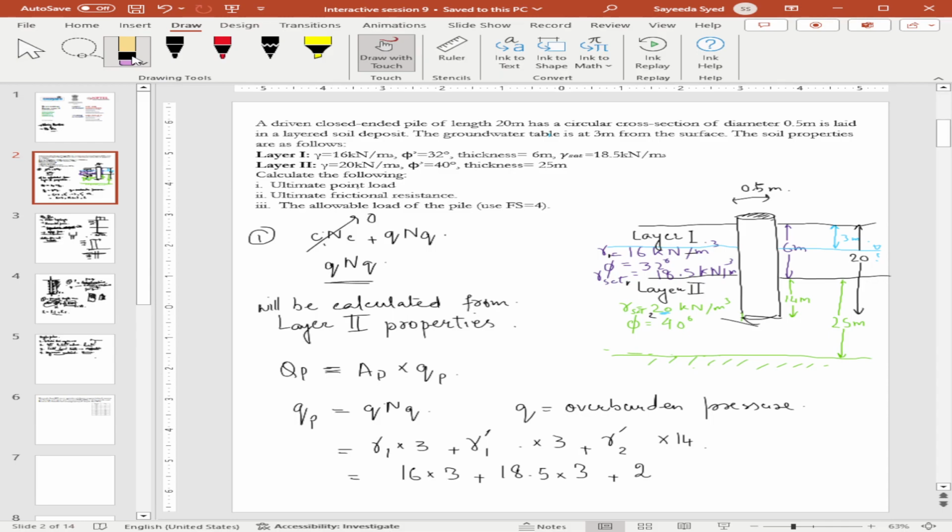There is a multiplied by 3 here. So let's calculate this.